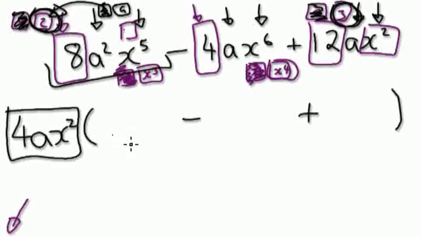Now let's try and sort out what goes in here. 8, we've taken the 4 out, so we're going to be left with a 2. A squared, we've taken the 1a out, only 1a, so what's left will be 1a. X to the power 5, we've taken x squared out, so what's left will be x to the power 3.